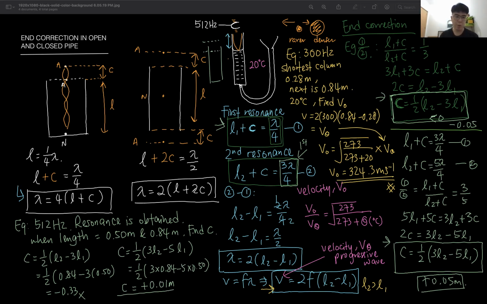And what is the comment on this experiment, on this calculation? What is your comment? What is the conclusion? It says that the first position of resonance is actually the length of 3 lambda over 4.